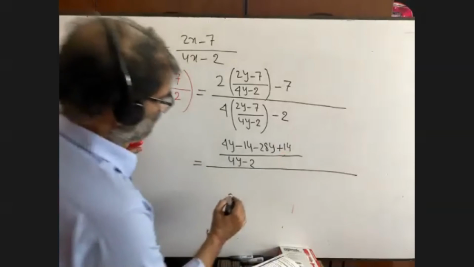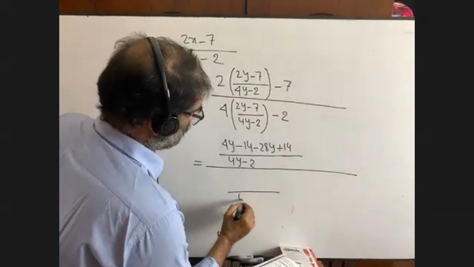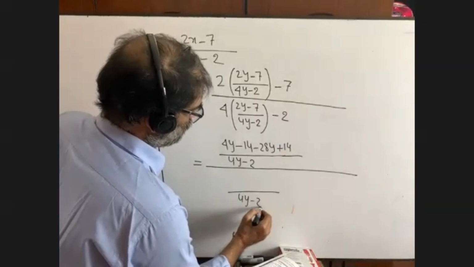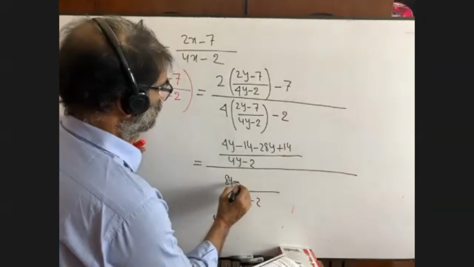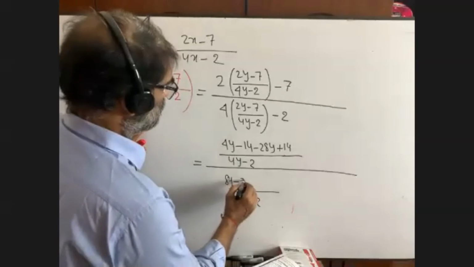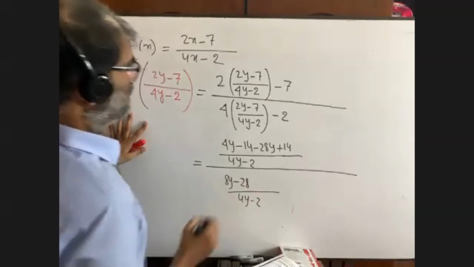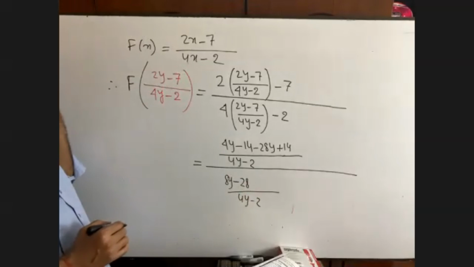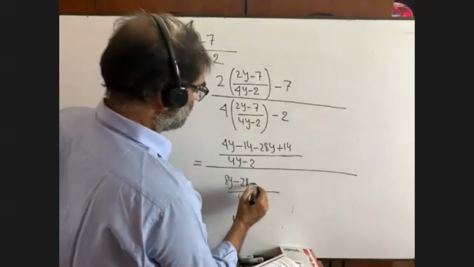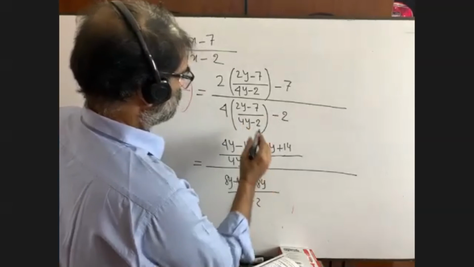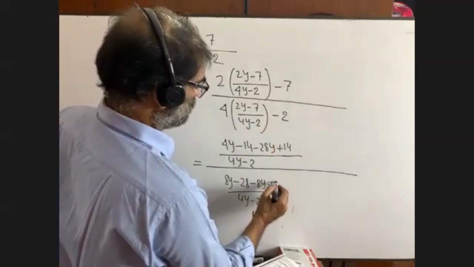In the same way, it is 4y minus 2, 4 2s are 8y minus 4 7s are 28, okay, minus 8y minus minus plus 4.